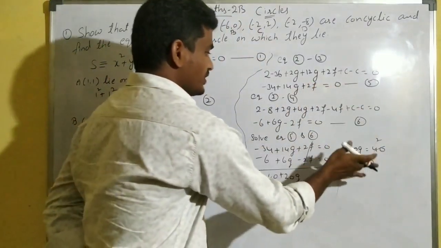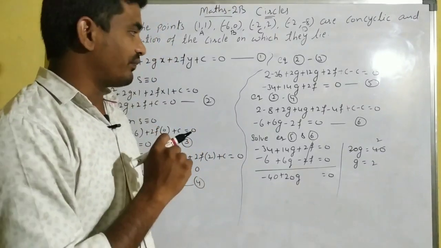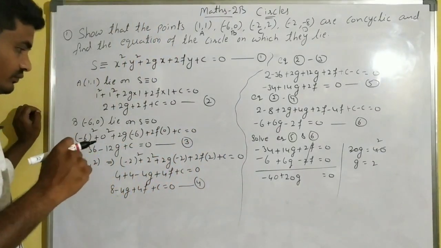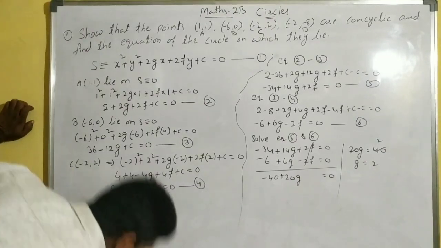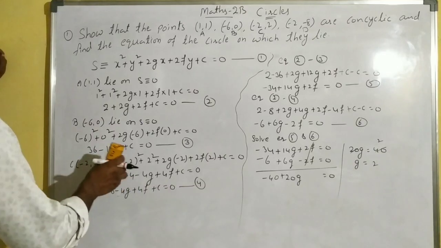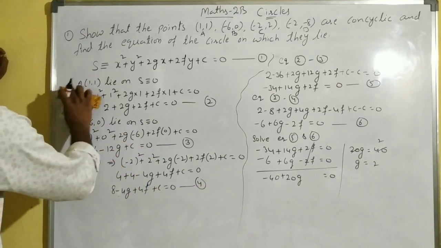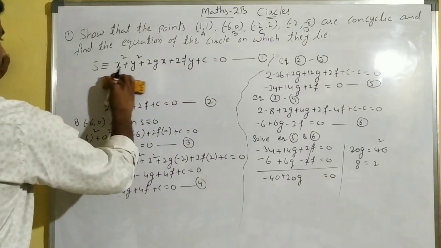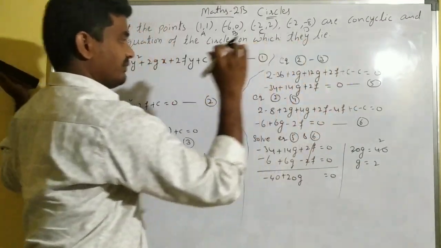So when you substitute g equals 2 in equation number 5 or 6, we will get the f value. I'm going to substitute the g value in equation number 5.